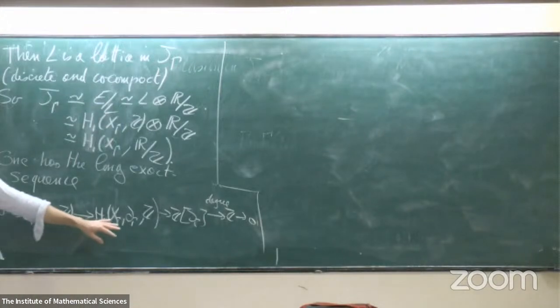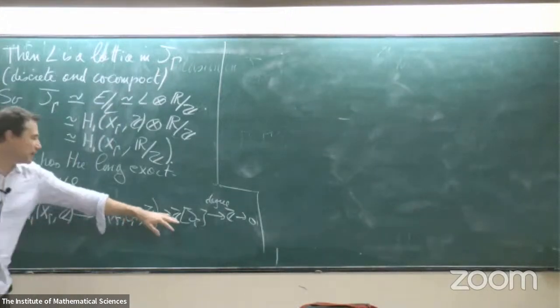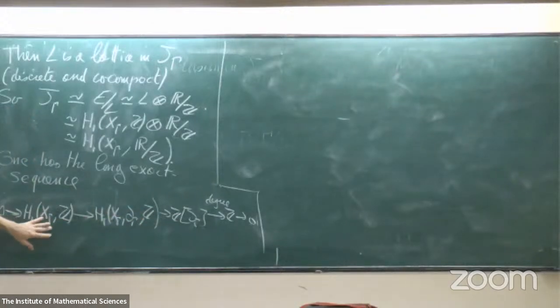And so I'm going to write down explicitly this group and this map, so you get a description of this group.